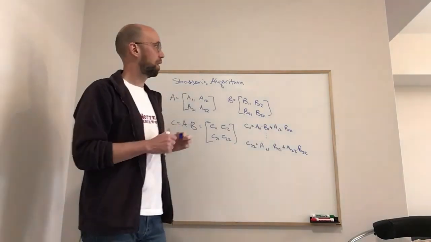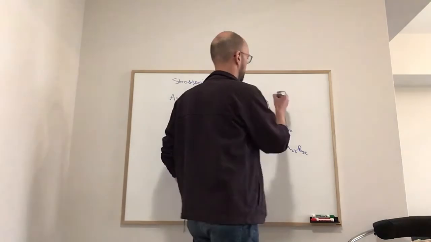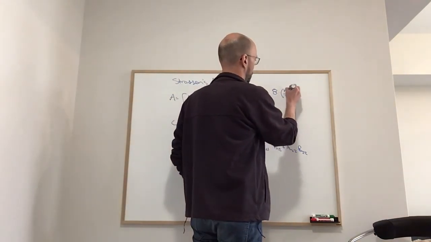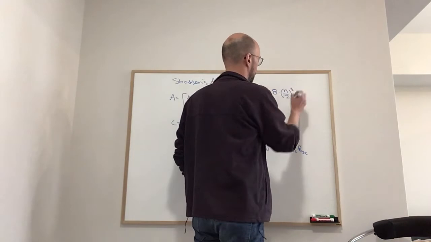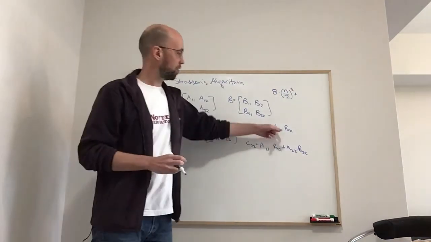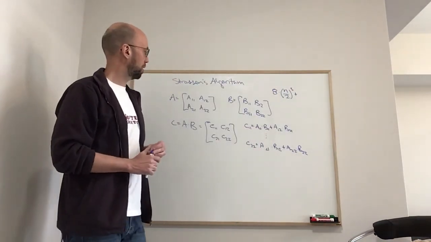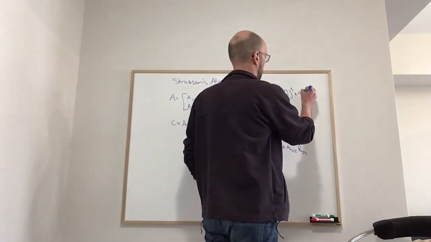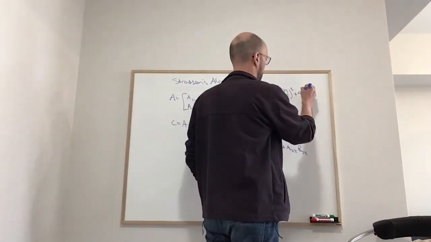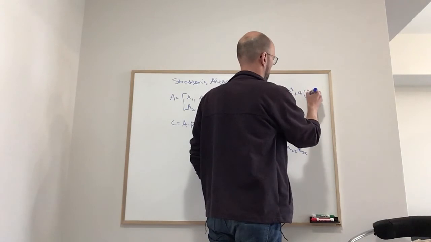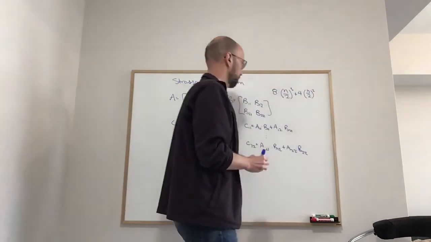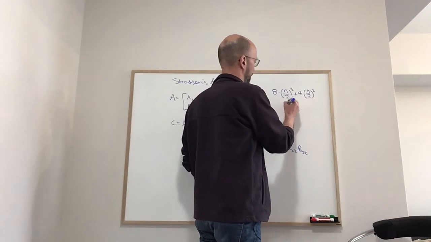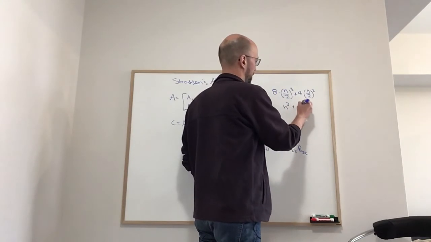So it's 8 times n over 2 cubed plus, and then these additions, this is going to be 4 times n over 2 squared. So this is just n cubed plus n squared.